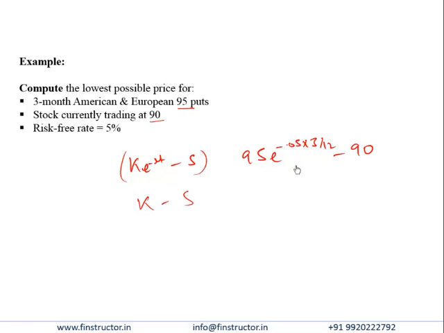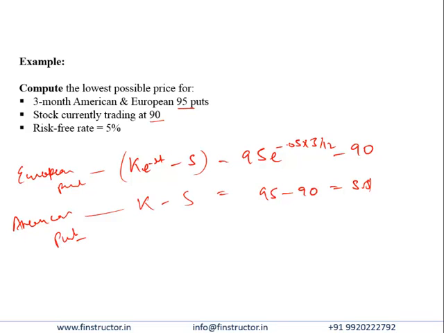So this will be the minimum price for a European put. And K minus S, that is 95 minus 90, or $5, will be the minimum price for an American put option.